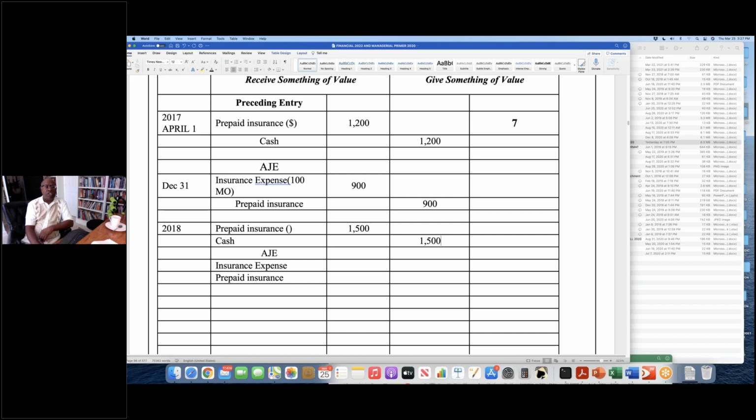So what's your adjusting entry going to be now on December 31st? Wouldn't it be 1125?